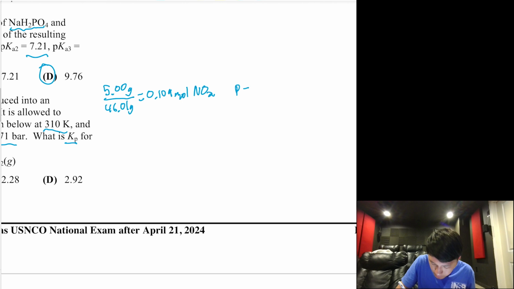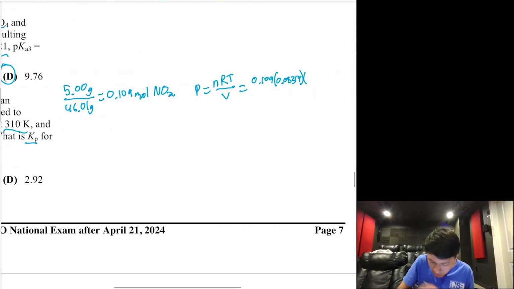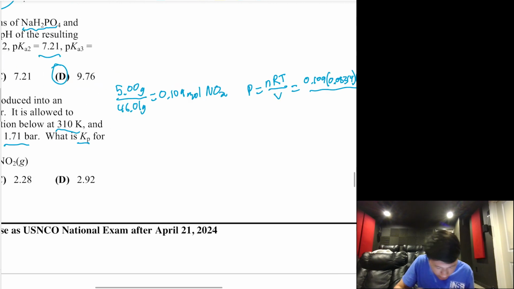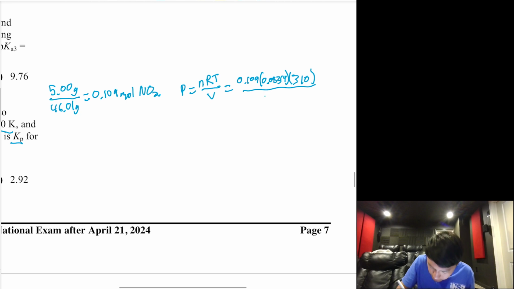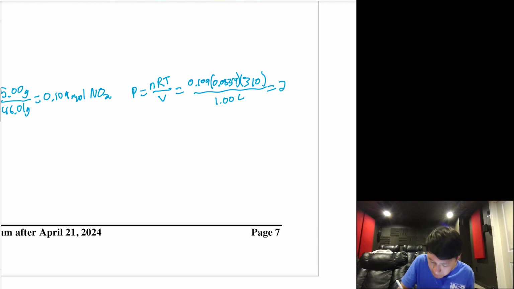So pressure is going to equal nRT over V, and that's going to equal 0.109 moles times 0.08314, which is our gas law constant, times the temperature, which they told us is 310 Kelvin. And this all divided by the volume, and that's a 1 liter container, so it's 1.00 liters. And that gives us our initial pressure of NO2, which comes out to 2.80 bar.